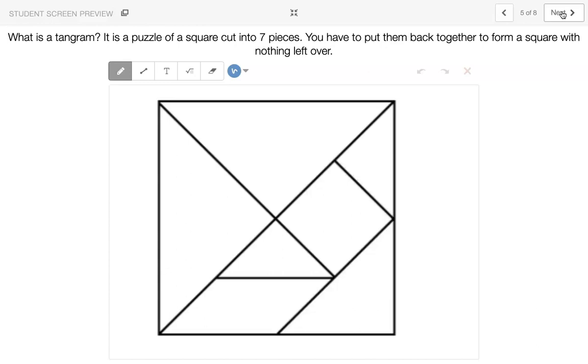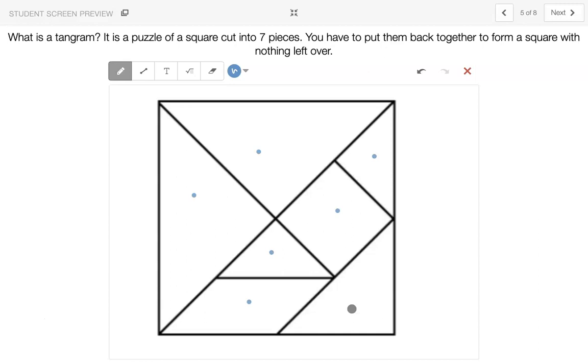So what is a tangram? It's a puzzle of a square. It has to be a square. Square, 4 sides, same length, cut into 7 pieces. I counted them. There's 7.